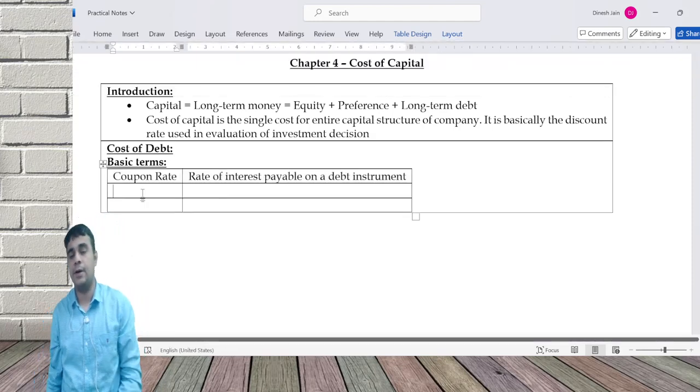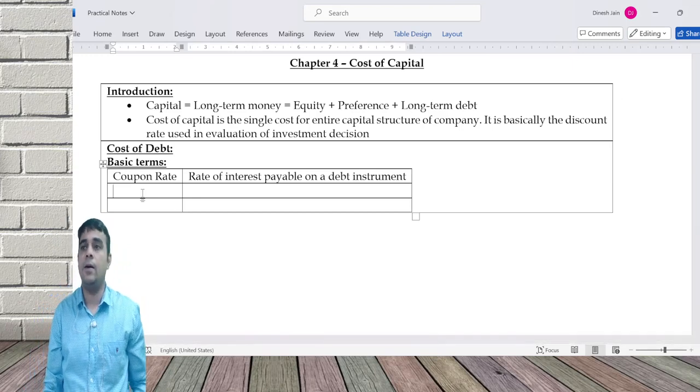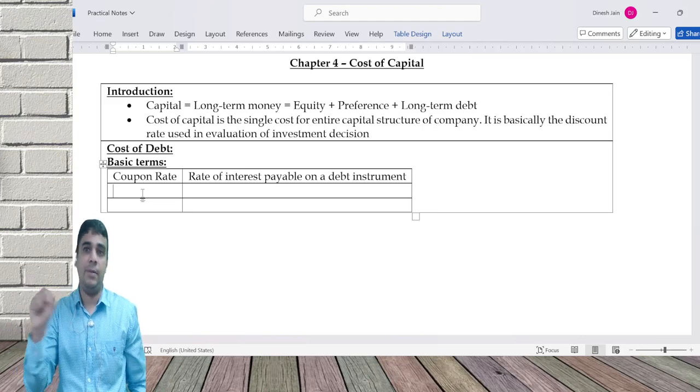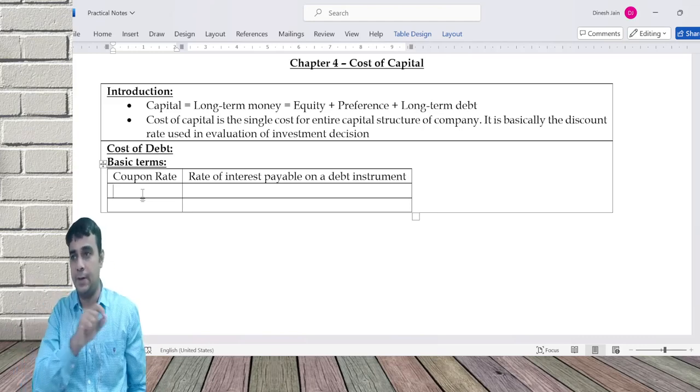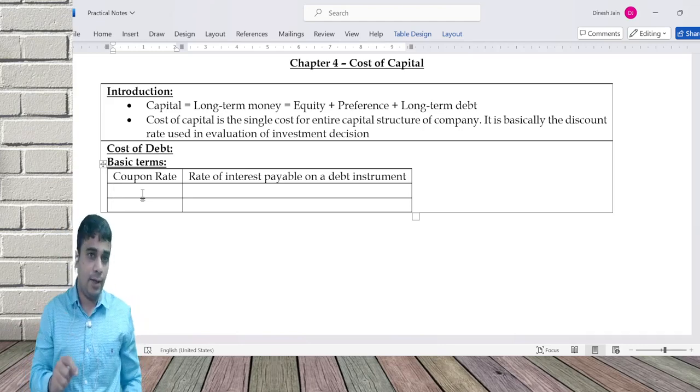Coupon rate is the rate of interest payable on a debt instrument. Every long-term debt, if I have a debenture, you will say 12% debenture, 10% debenture, 8% debenture. There will always be a rate of interest on a debt instrument.